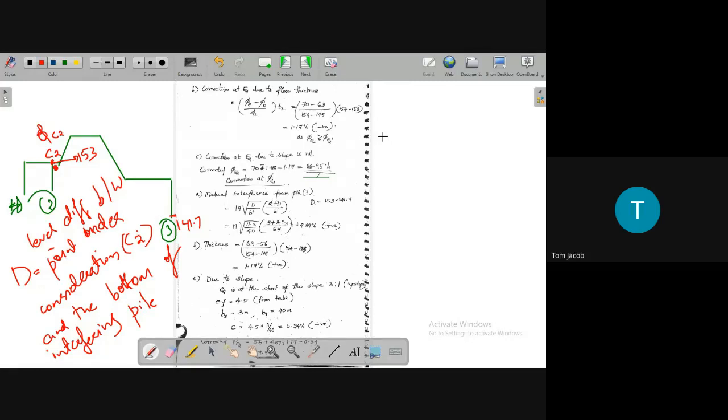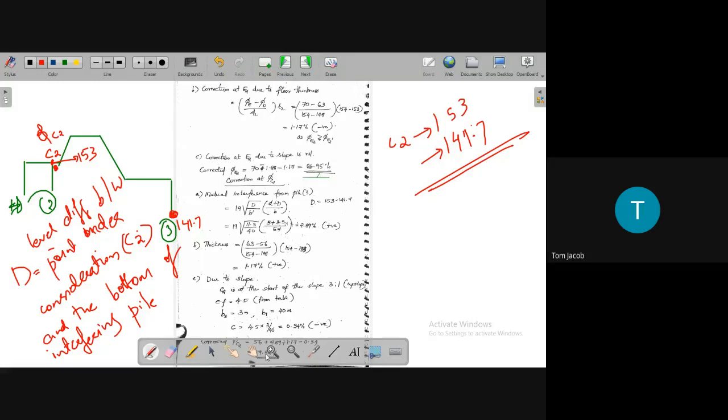So the point under consideration C2 is at level 153, and the bottom of the pipe is 141.7. So the level difference is 11.3. Okay, so that's how you find out capital D for this case.